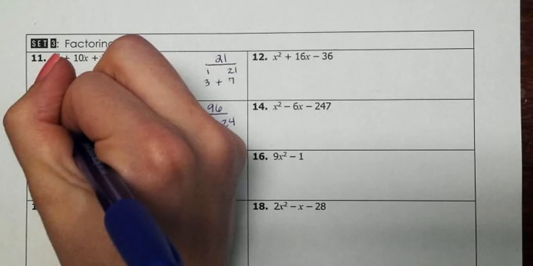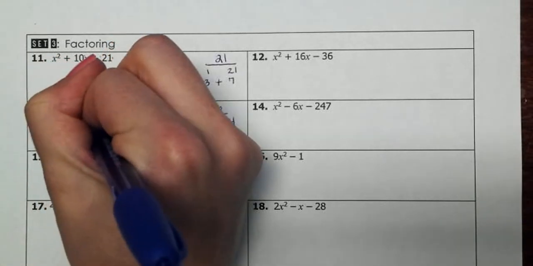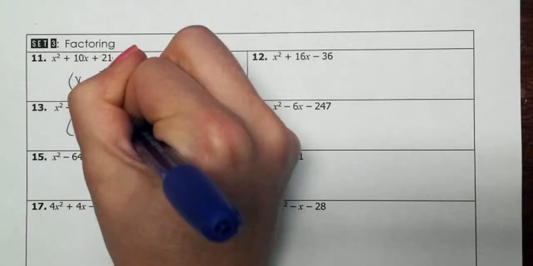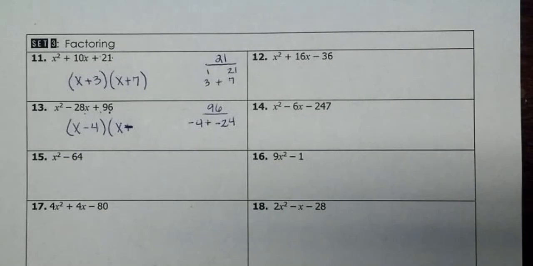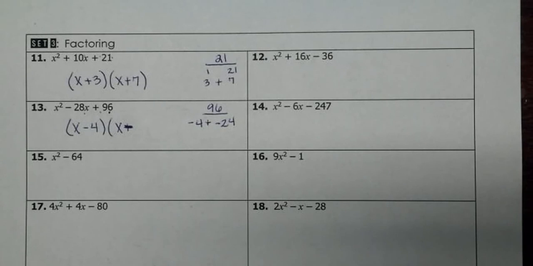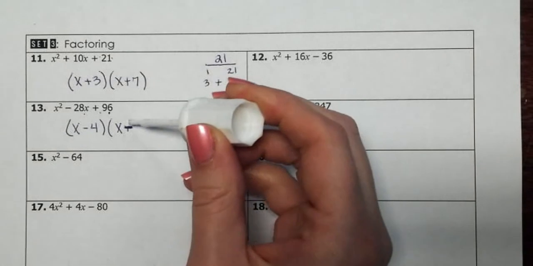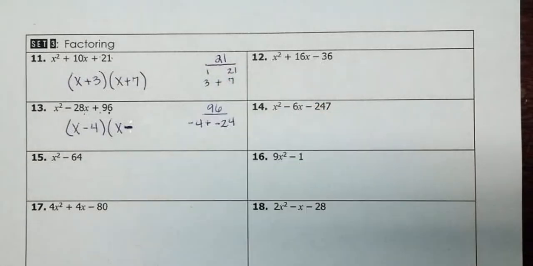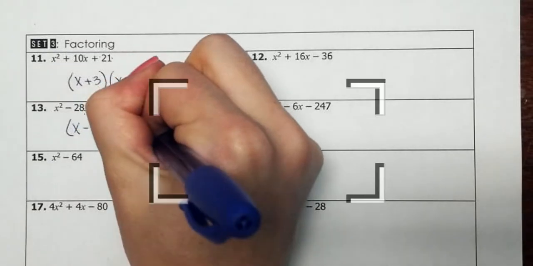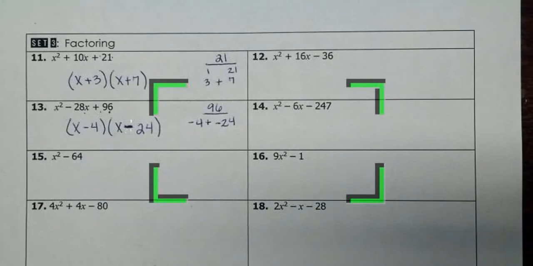So I'm going to have x minus 4 and x minus 24. Okay, those are my two factors.